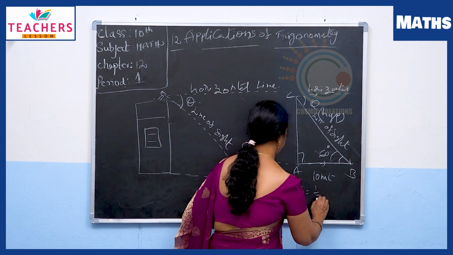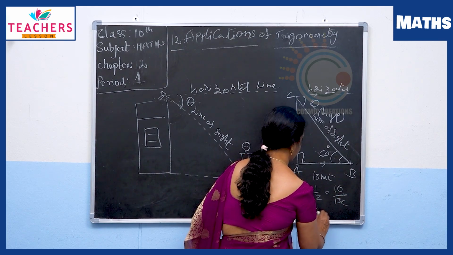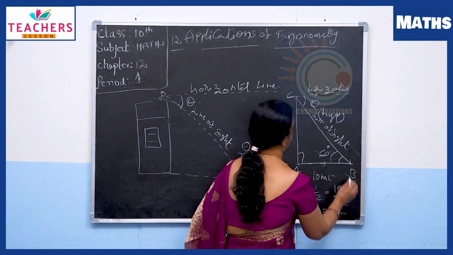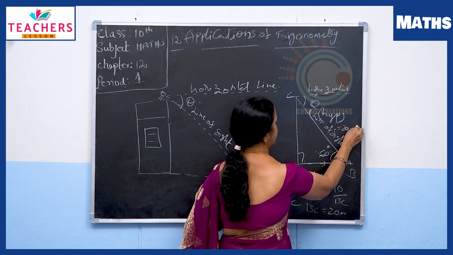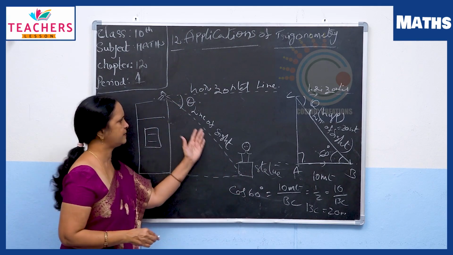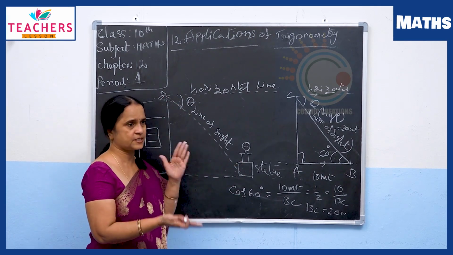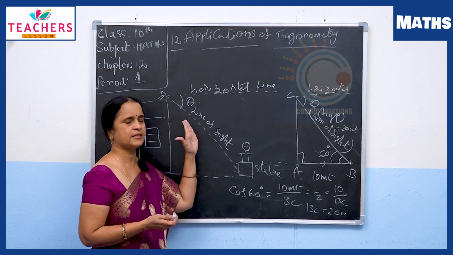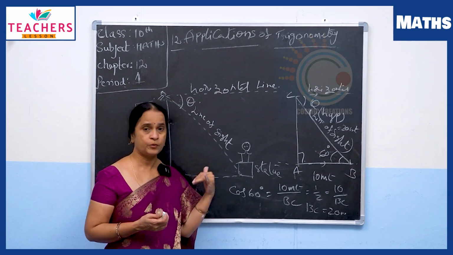So 1 by 2 is equal to 10 by BC. Then BC is equal to how much? 20 meters. You can easily find the line of sight from where you are standing to the statue. How easy this is. So this is how trigonometry is useful.